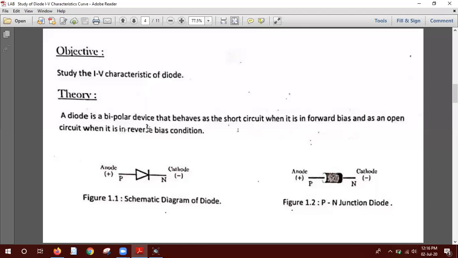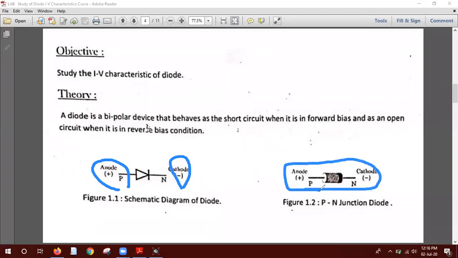Theoretically, you already know that if we connect the diode in this manner, the P side is positive and the N side is negative. This is the forward bias, and this is a junction diode. This is the practical structure of the diode, and this is the diode in the PN junction structure.